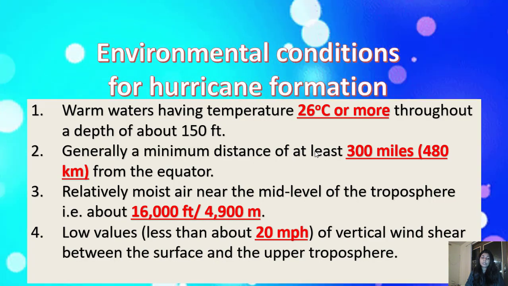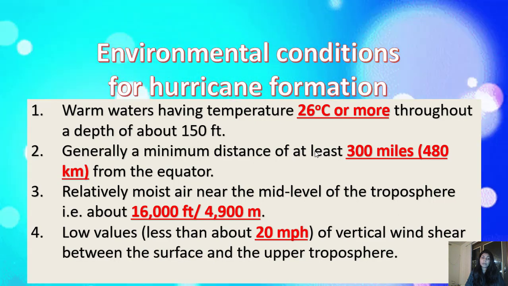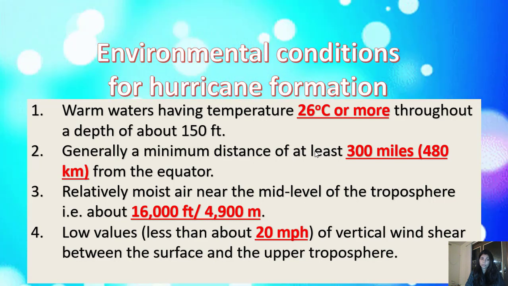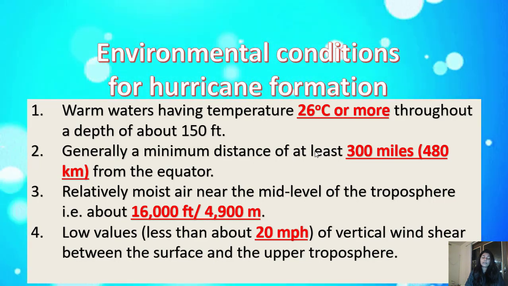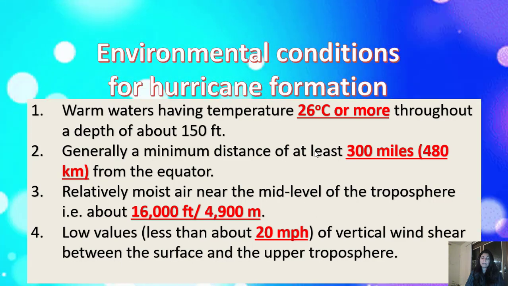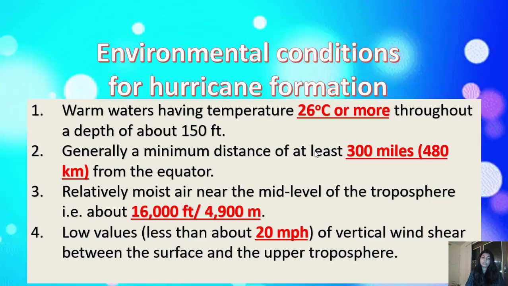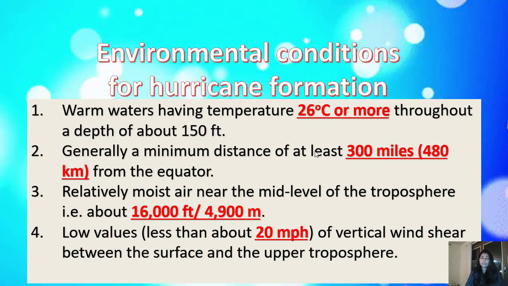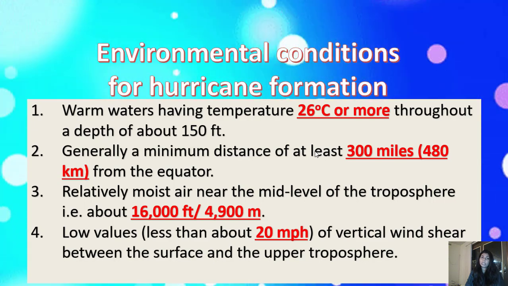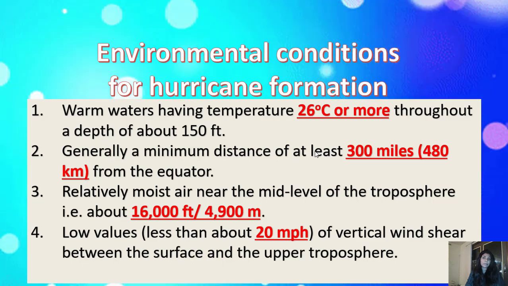Number 3, relatively moist air near the mid-level of the troposphere, that is about 16,000 feet or 4,900 meters. And the fourth one is low values, less than about 20 miles per hour, of vertical wind shear between the surface and the upper troposphere. So if these four conditions are met, we can say that a hurricane is likely to form.